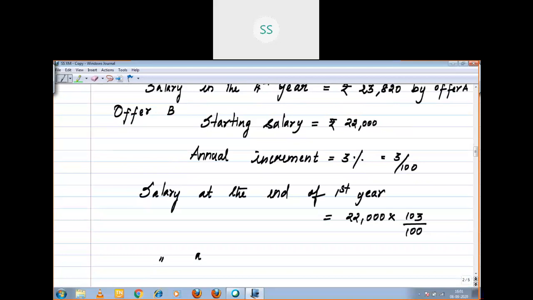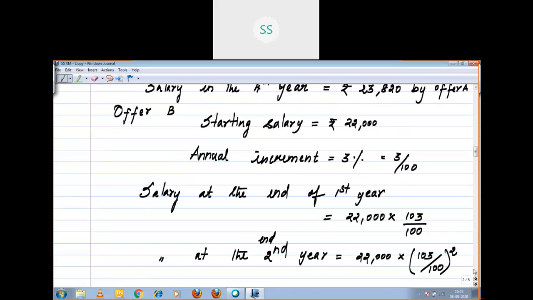Salary at the second year. What we did the previous the same way. At the end of second year equal to 22,000 into 103 divided by 100, the whole square.